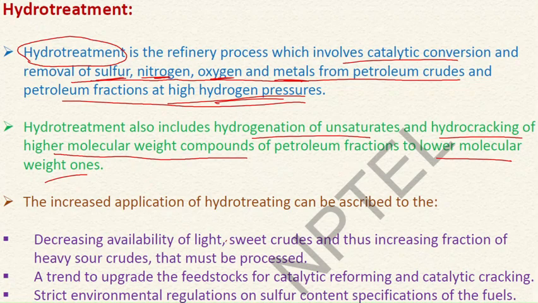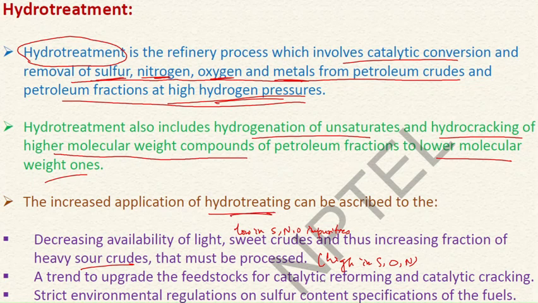Because this light crude is low in sulfur, nitrogen, oxygen impurities, whereas these heavy crude is very much high in sulfur, oxygen, and nitrogen impurities. So these heavy crudes need to be processed in a more severe manner so that we can extract the good quality crude out of them. Okay, so this is one of the main needs of hydrotreating.